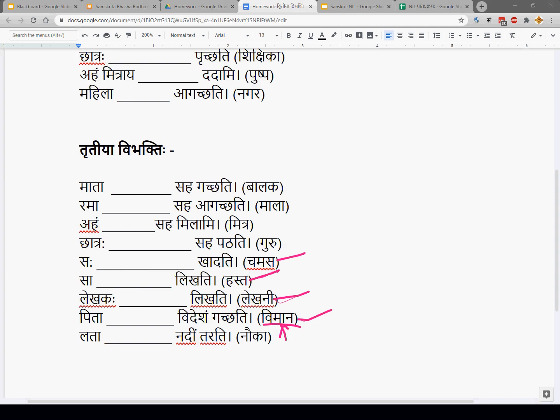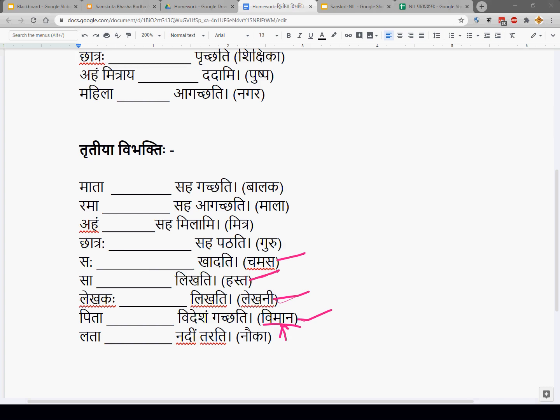Some words are like that. But in the Tritiya Vibhakti it remains the same, whether it is Pullingam or Napusakalingam. So it is Vimanena. Pita Vimanena Videsham Gacchati.